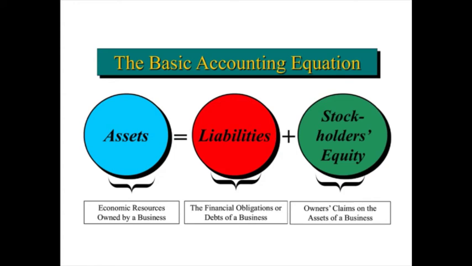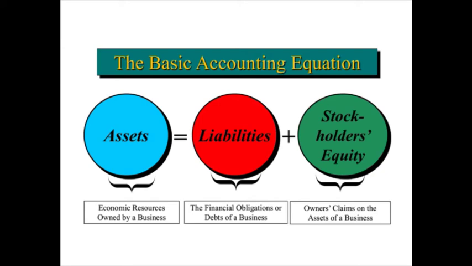Assets are economic resources that are owned by the business. They can include all sorts of different categories. We'll talk about that a little bit in the next slide. But no matter what the level of assets you have, no matter what nature they take, whether they're cash in the bank, land that you own, inventory in stock, or a factory, all of those assets, all totaled together, have to equal, well, you see it on the right-hand side.